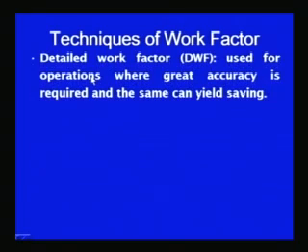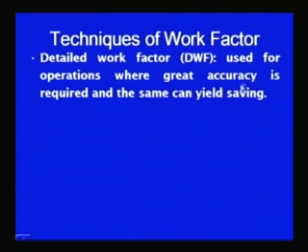In the work factor method, there are various types of work factors. The detailed work factor is used for situations where great accuracy is desired, and if the increased accuracy obtained in the time values is going to yield some saving, then this detailed work factor should be used.